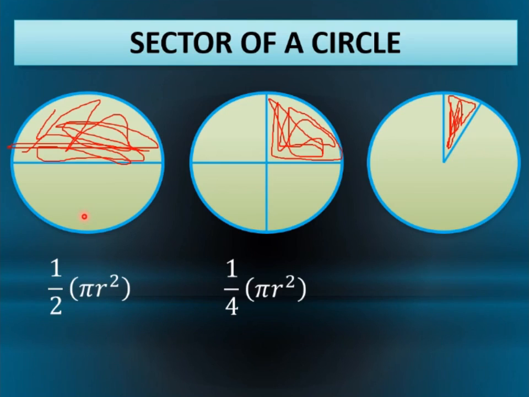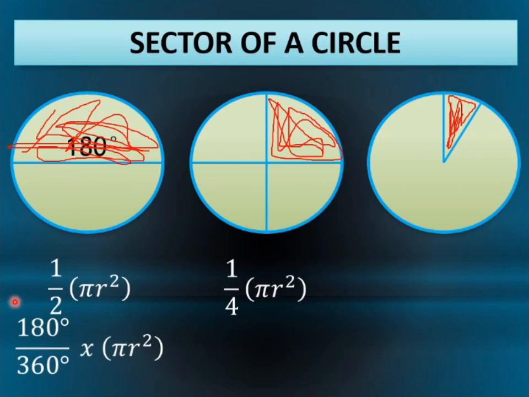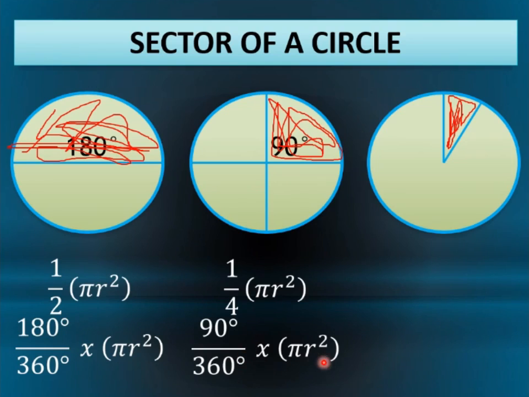In the first case, we have 180 degrees. So we can have 180 degrees divided by 360 degrees multiplied by pi r squared. In the second case, we have 90 degrees. So we have 90 degrees over 360 degrees multiplied by pi r squared.